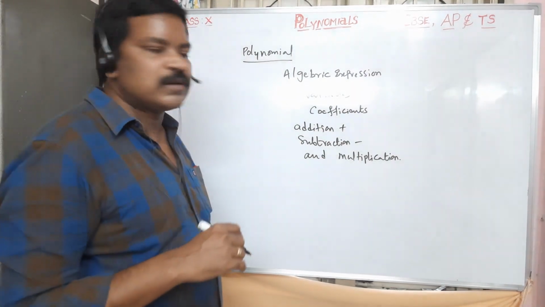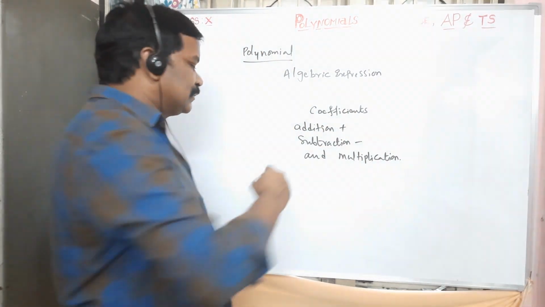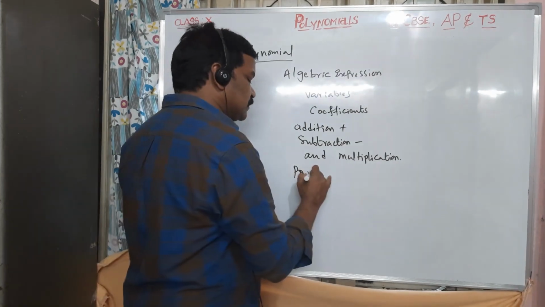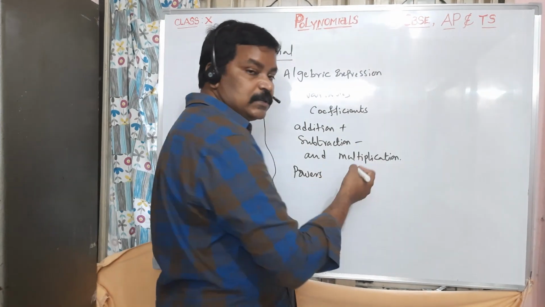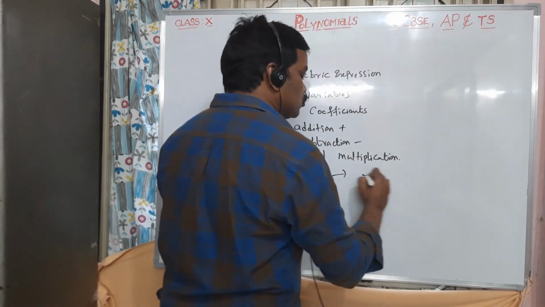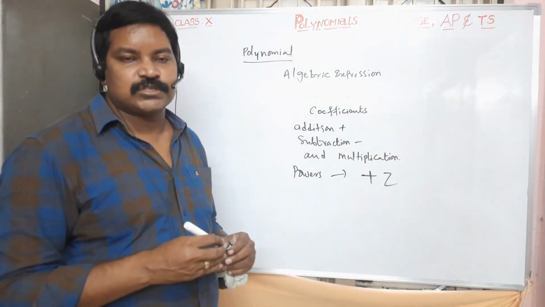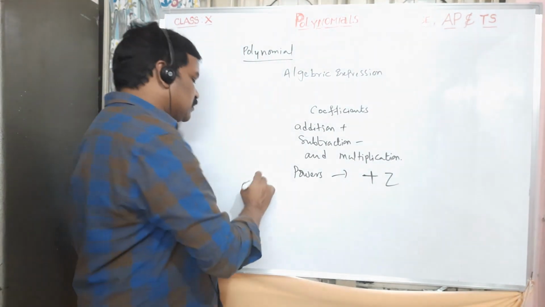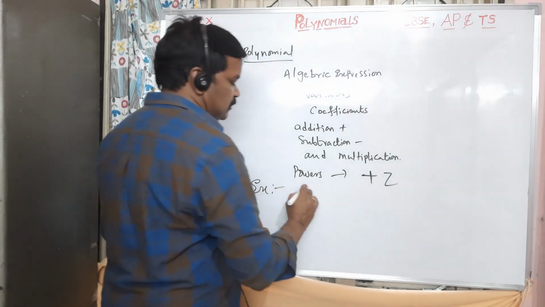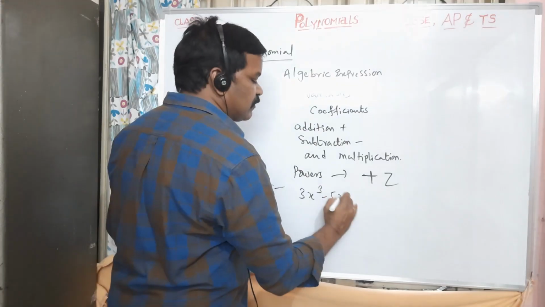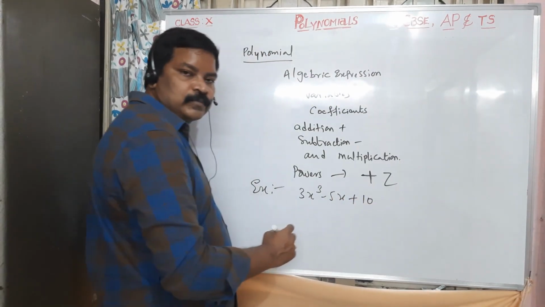The main condition of the polynomial is the powers of the variables. Powers of the variables must be positive integers. For example, 3x cube minus 5x square plus 10.